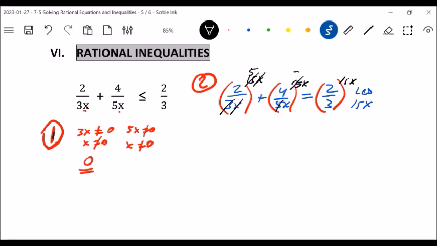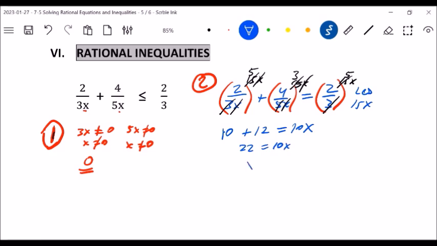The 5 goes into the 15 3 times, and the x's cancel. And the 3 goes into the 15 5 times. So what I now have is 5 times 2, which is 10, plus 4 times 3, which is 12, equals 2 times 5, which is 10, with the x. So I have 22 equals 10x, and when you divide by 10, you get x is equal to 2.2.